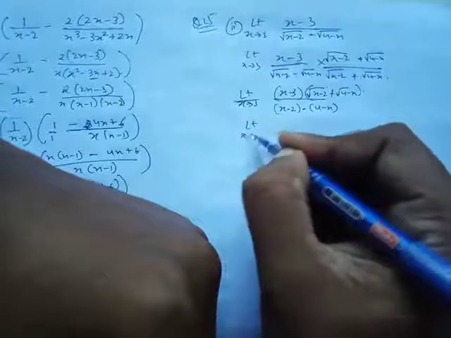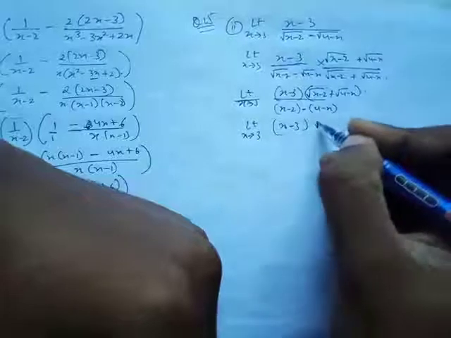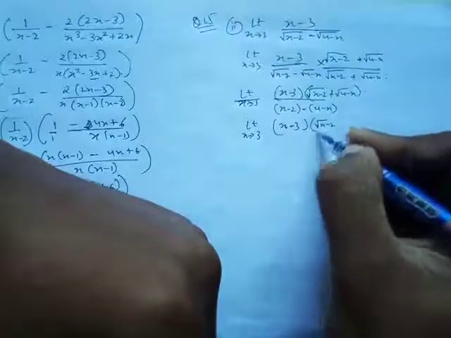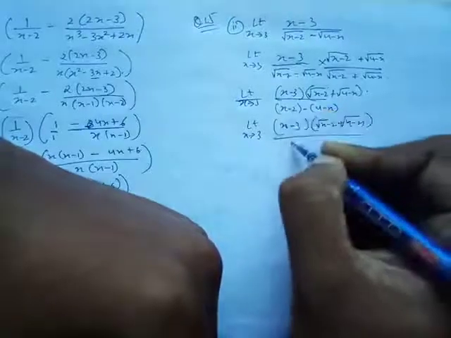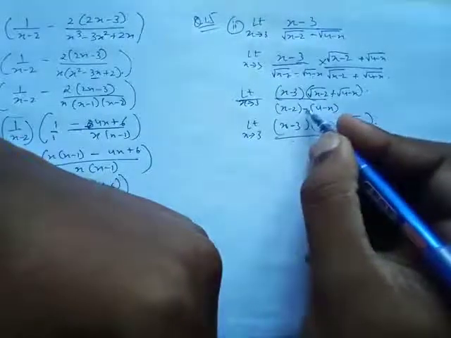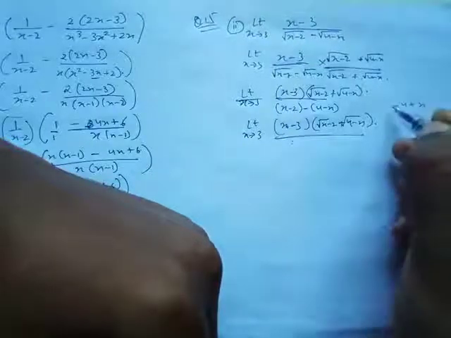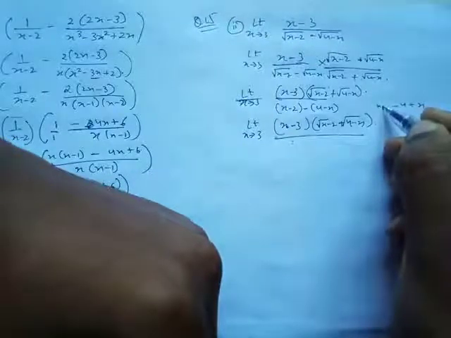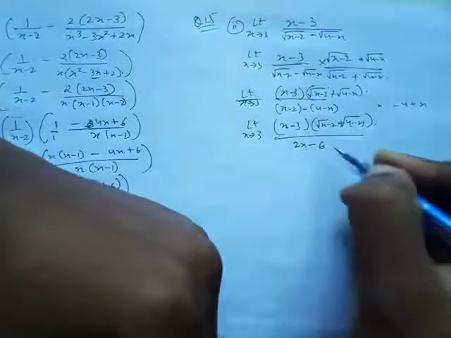Okay, now you guys can see this very carefully. Limit x tends to 3, this is going to be x minus 3, and same as it is I can write square root of x minus 2 plus square root of 4 minus x, and below over here I'll get x minus 2 minus 4 plus x. So this is going to become 2x minus 6.